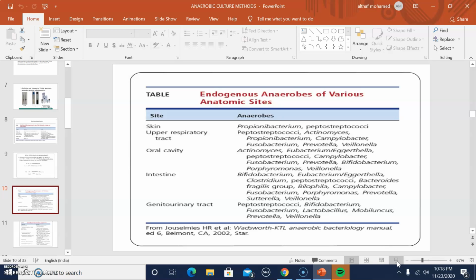And in the case of the genitourinary tract, the most significant anaerobes are Peptostreptococci, Bifidobacterium, Fusobacterium, etc. So these are the endogenous anaerobes of various anatomic sites. These are the sites where anaerobic infection occurs.